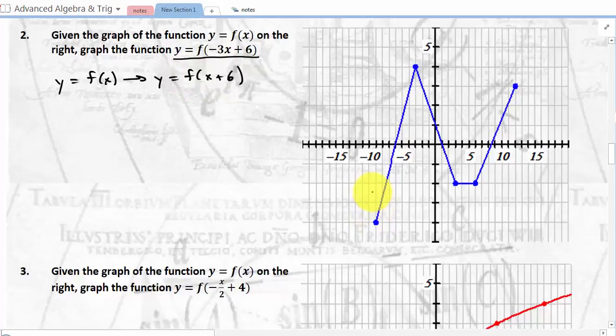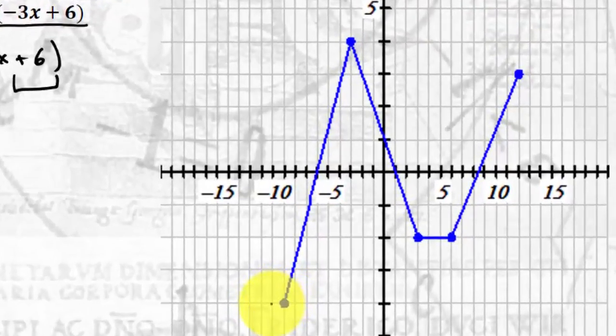All right, so plus 6, remember, counterintuitive. Plus makes me want to move right. I'm adding 6. I want to move this way, but it's counterintuitive on the x. It moves left. 6 units to the left. So 1, 2, 3, 4, 5, 6. Don't lose track here.